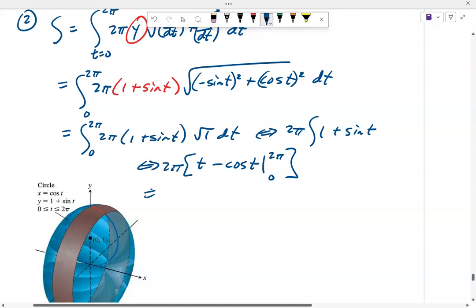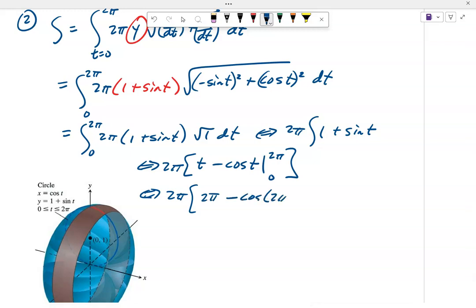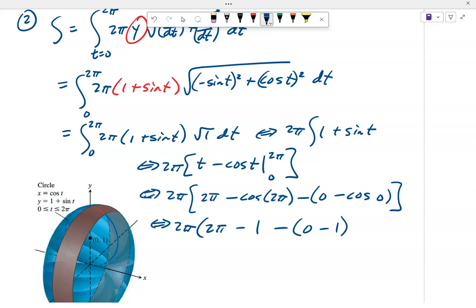And so we've got 2 pi times 2 pi minus cosine 2 pi, which is 1, minus 0 minus cosine of 0, which is 1.